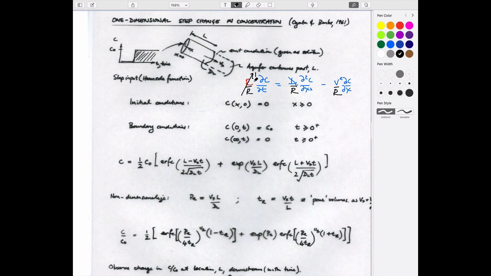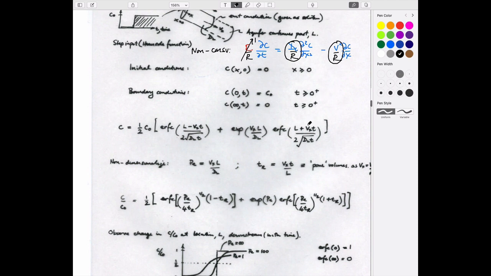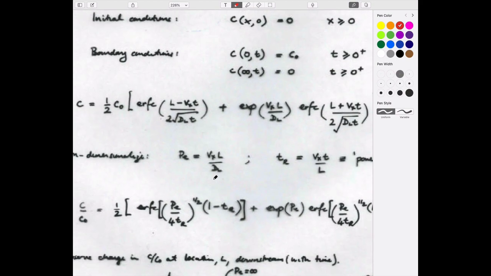And so if we want to figure out exactly what the concentration evolution in our system would be when we have a non-conservative system, then we can use exactly the same solutions that we did before, but we'll have to use modified coefficients.